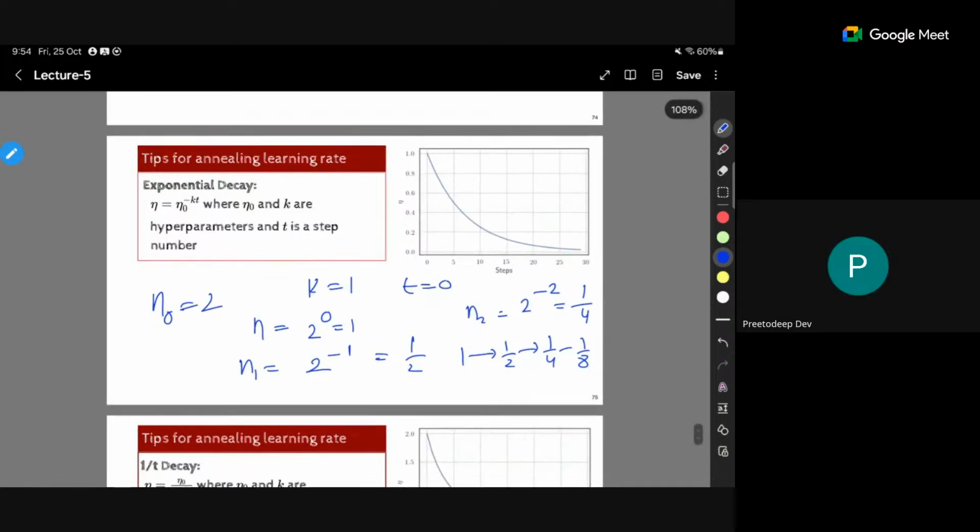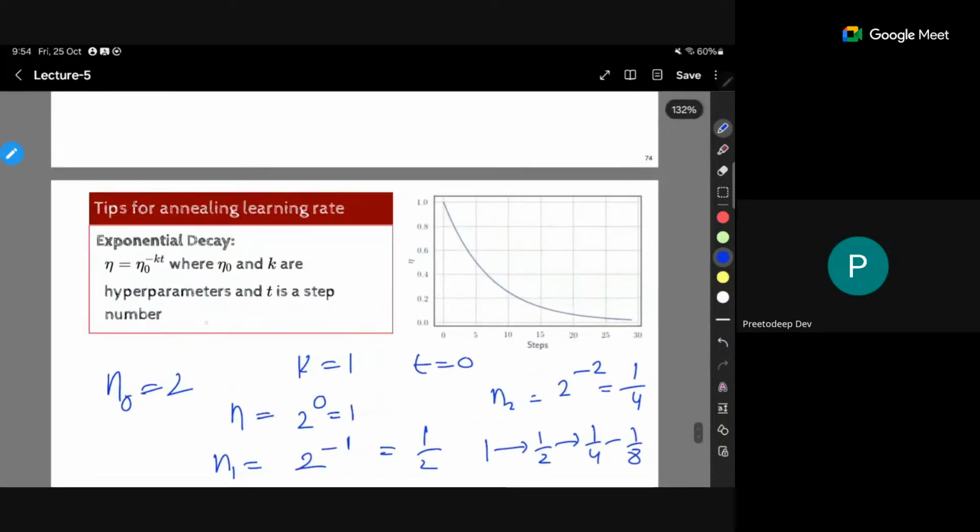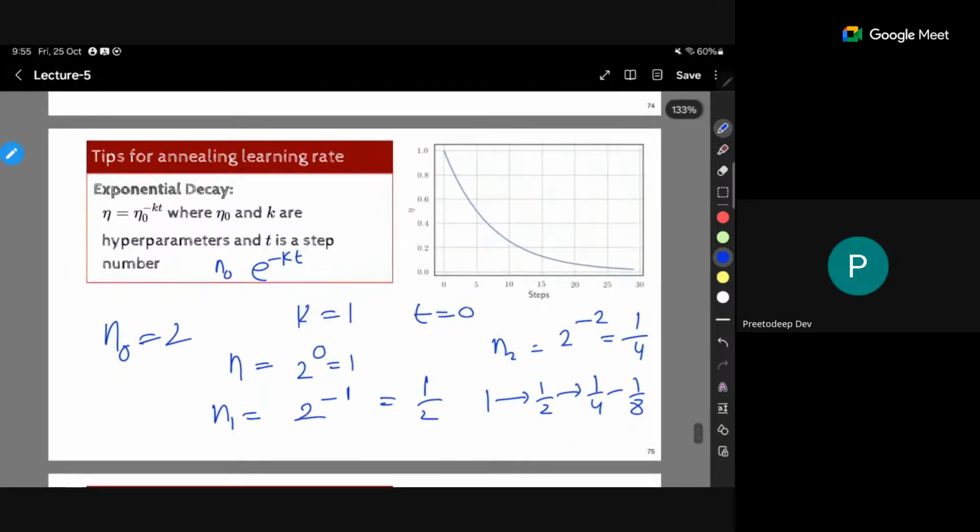You will somewhere see it like this also, something like eta 0 e power minus kt, and actually here it's mentioned eta 0 minus kt. Somewhere you will see this, but for this course we'll use this one. We'll go with this function, and you can actually figure out, because e is nothing but 2.71, that is also a constant. Eta 0 is also a constant.